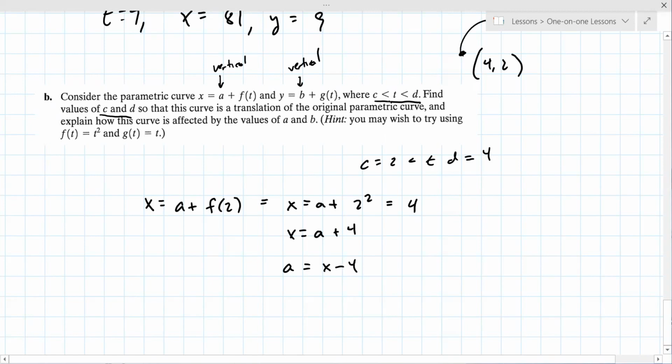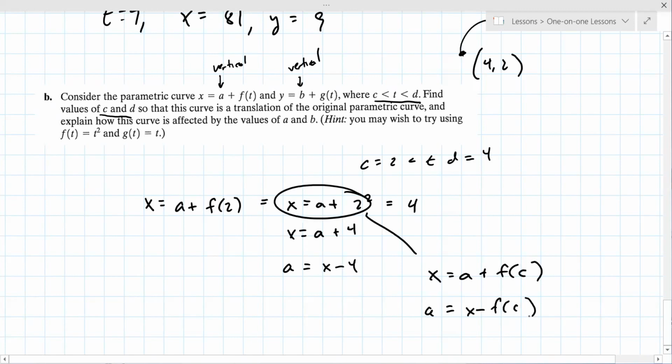A is a translation of C, because x is really a plus f of C. So a is equal to x minus f of C. So the translation here is t minus f of C. I don't know, this is really unclear.